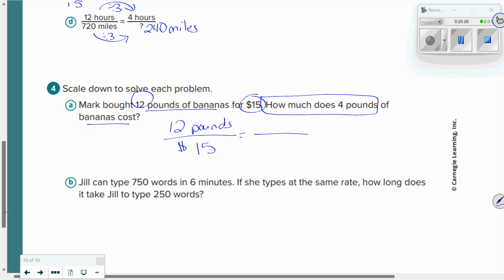And I know I'm going to pounds and dollars again. So which one did they give us in our problem? Pounds or dollars? Pounds. So it is 4. What do I do to get from 12 pounds to 4 pounds? Divide by 3. So 15 divided by 3? So it is $5 for 4 pounds. This is a word problem indeed.